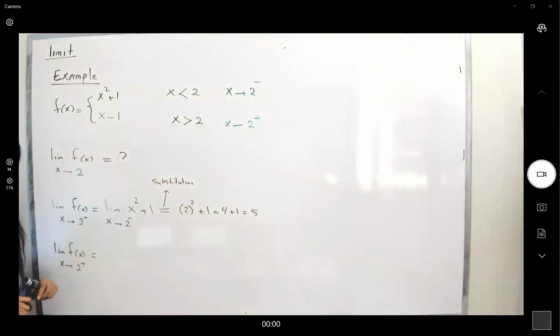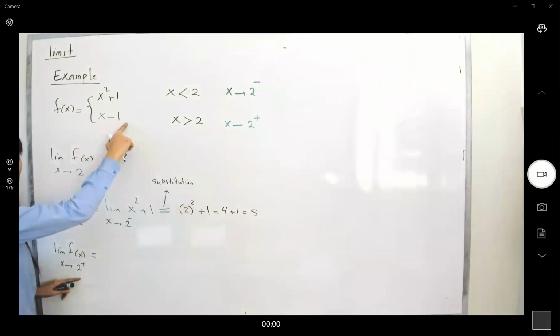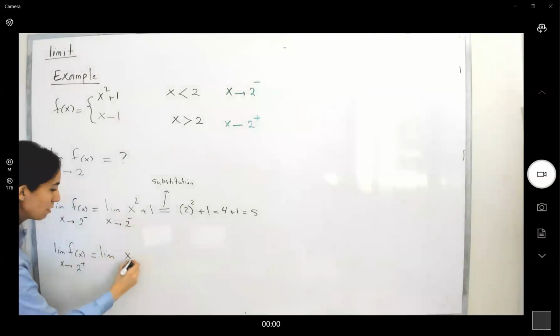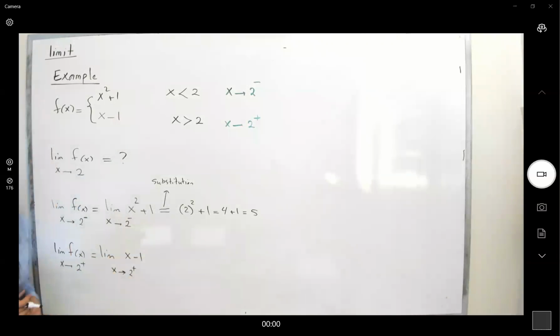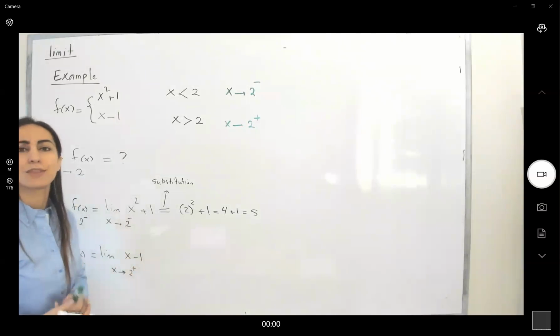What if I approach 2 from the right-hand side? In this case, we have to follow the linear pattern for the y value. It is equal to the limit of x minus 1, as x approaches 2 from the right-hand side. Again, you start analyzing this, and you say that since we have a linear expression, this is a nice function.